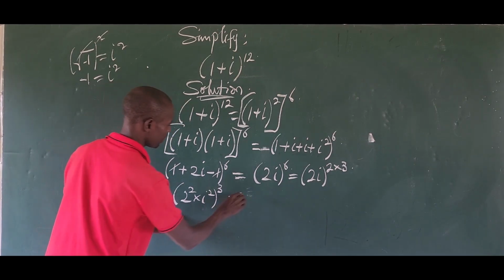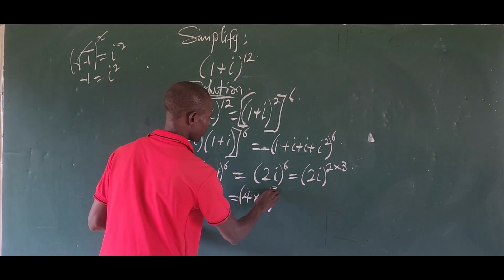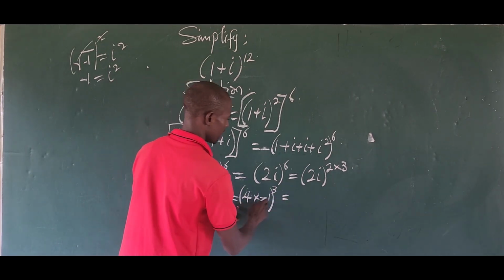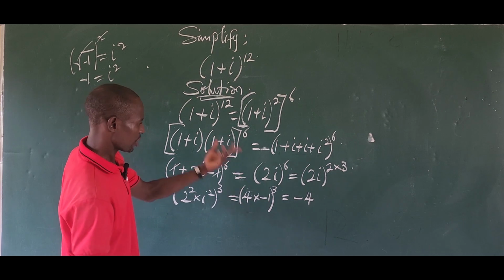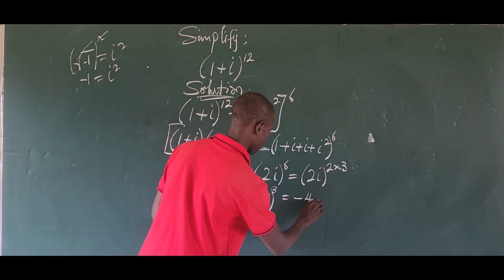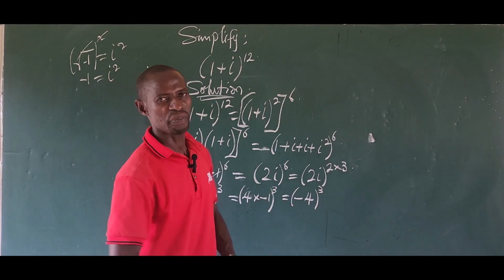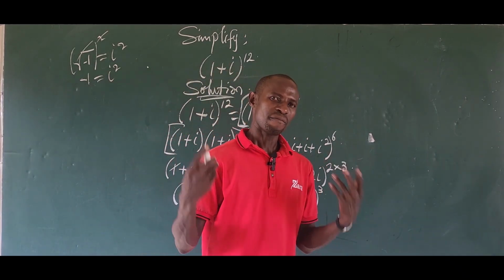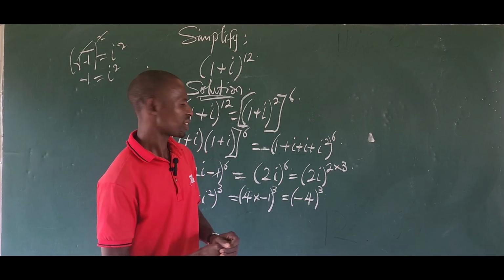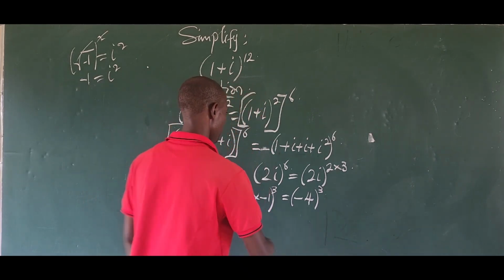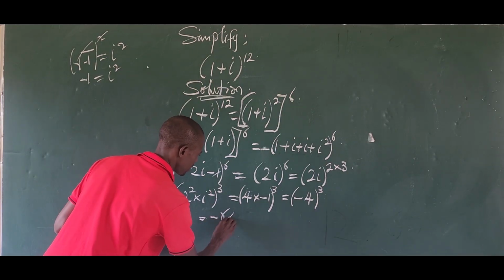And this will end up giving us 4 times minus 1 all raised to the power of 3, which is equal to minus 4, right? Yeah, it's going to give us minus 4 all raised to the power of 3. And what is minus 4 to the power of 3? That will give us minus 4 times minus 4 times minus 4. And that will give us minus 64. So this is equal to minus 64.